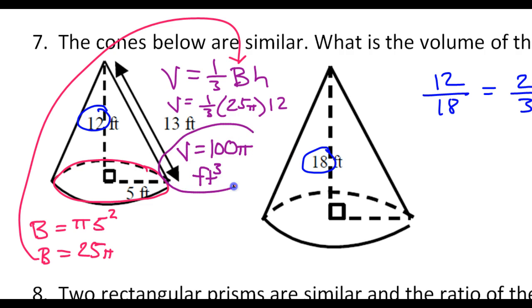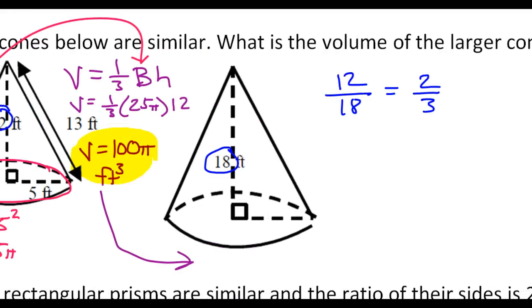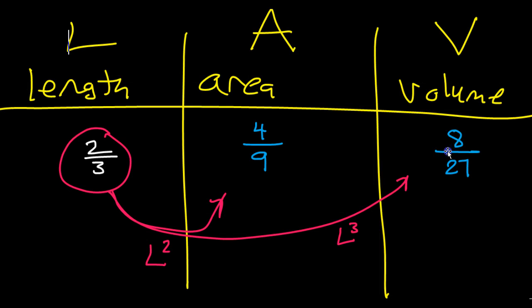But now we're supposed to use that and find the volume of the larger cone. The way that we will do that, I'll just highlight this instead of circling it. We will use the scale factor that we found. Remember, the volume scale factor is 8 to 27.